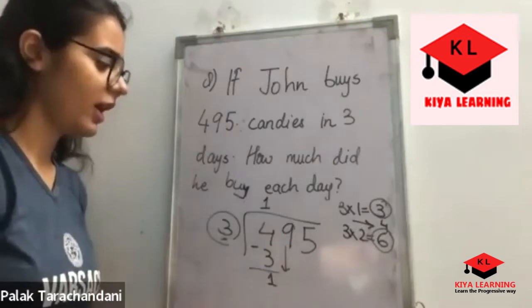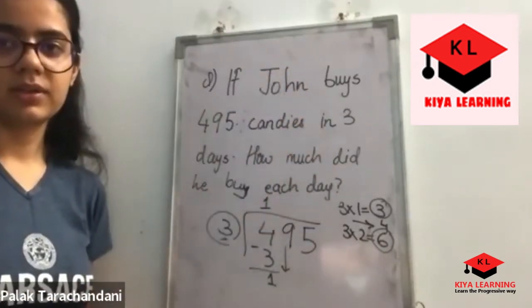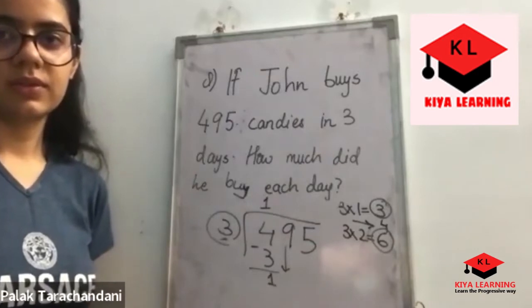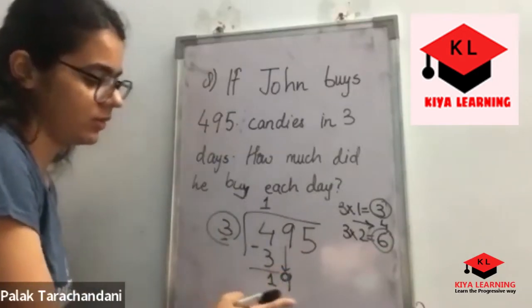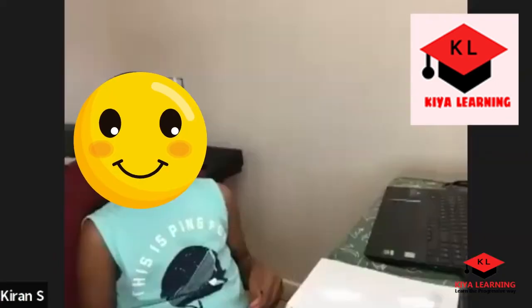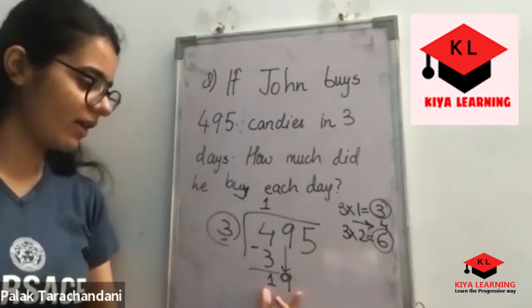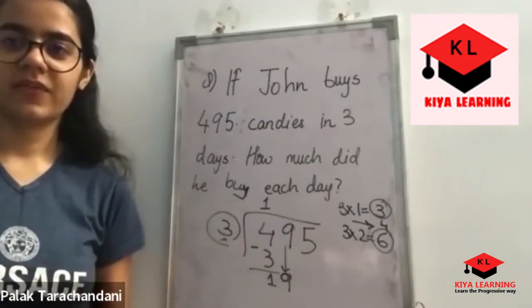Okay. Are you able to see the question clearly? I can copy it up here. I can see it. Okay. So what is your number now? 19. So you are saying that you have some ideas how we can divide 19 with 3. Am I correct? Yes.